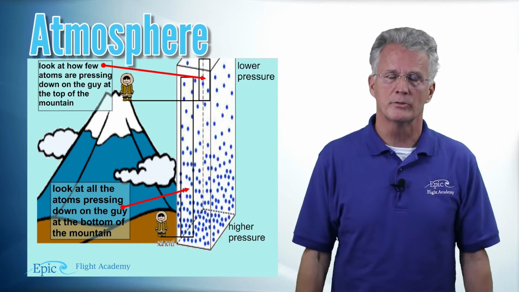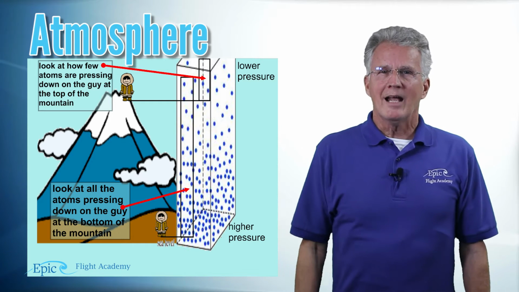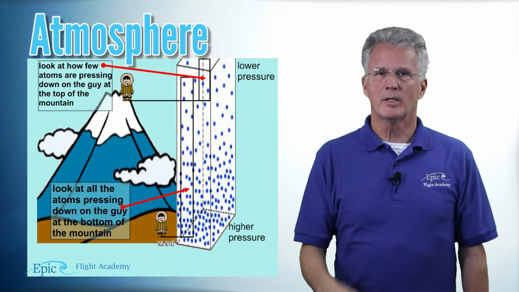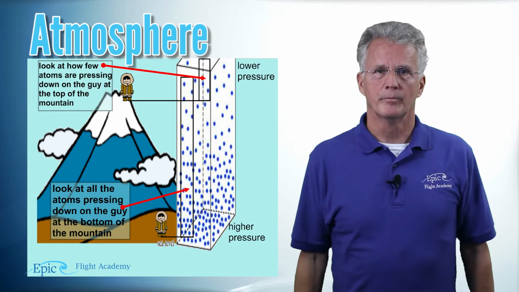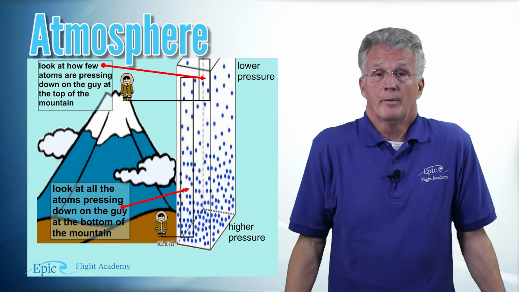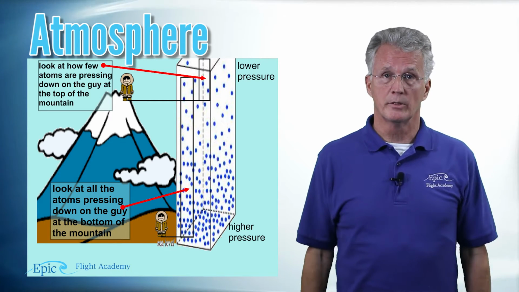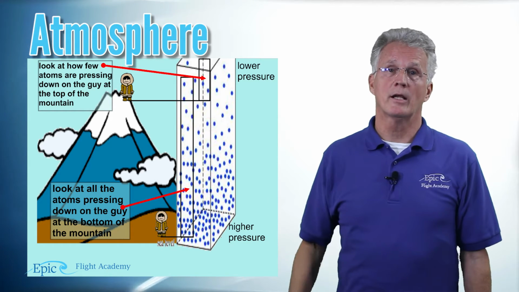Now, in order to be able to calculate performance and talk about aerodynamics and use the atmosphere effectively to make calculations, we have to have a standard reference point. That's because as you go around the planet, the weather and the climate changes dramatically. When the weather and climate change, the pressure and density of that air changes.